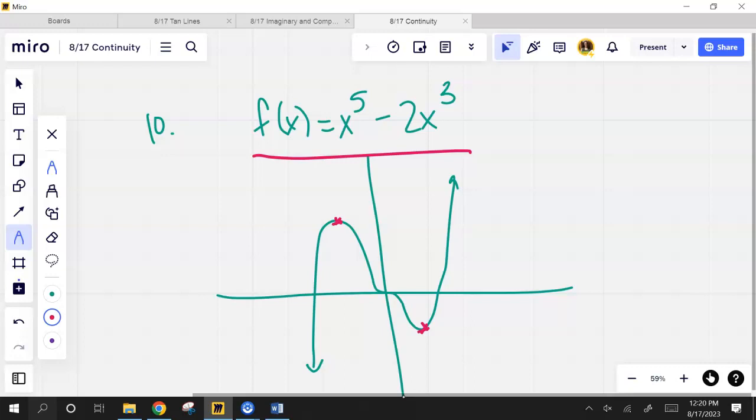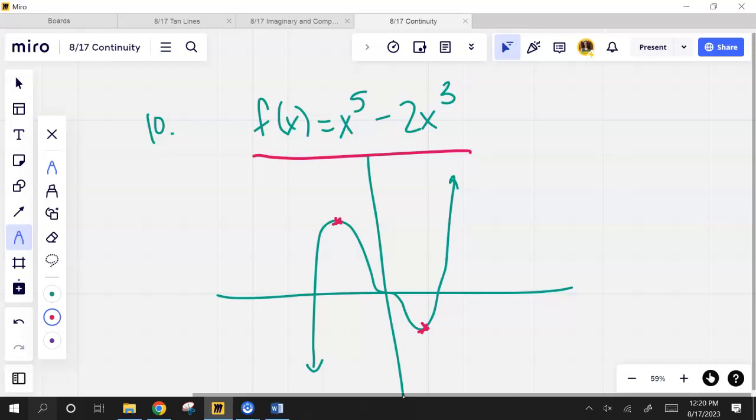I'm on the first 10. All right, here's what I would do for this. If I'm looking for increasing and decreasing, I would find all the maxes and mins first, because maxes and mins are where increasing and decreasing changes, right?